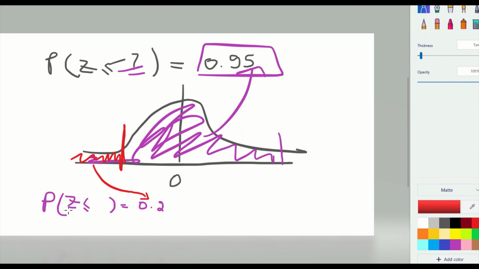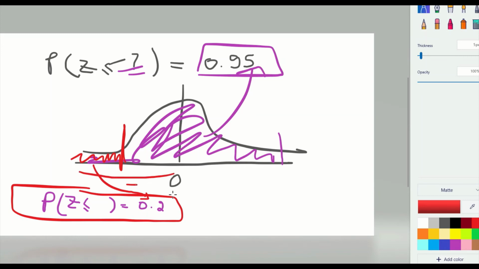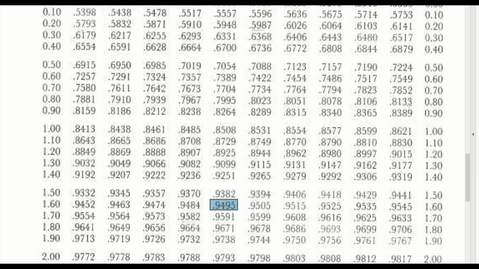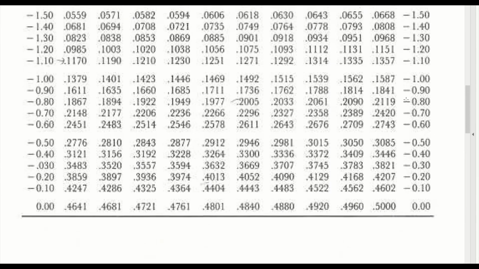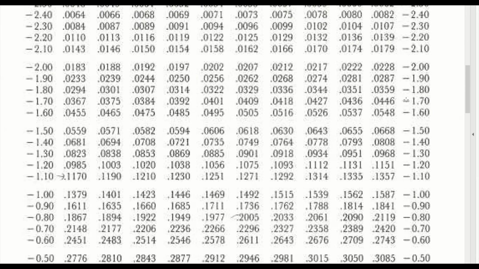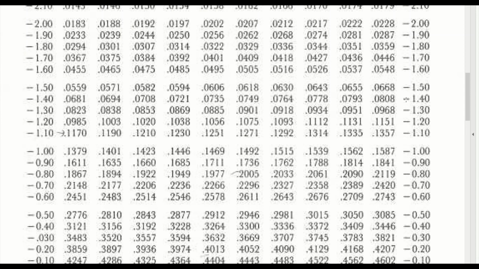Okay. So exact same approach, but this time we're going to look at the negative side of the Z. Okay. So again, you go back to your table, go back to the negative side and start looking for 20%. Again, don't look for Z20, look for the area 20%.